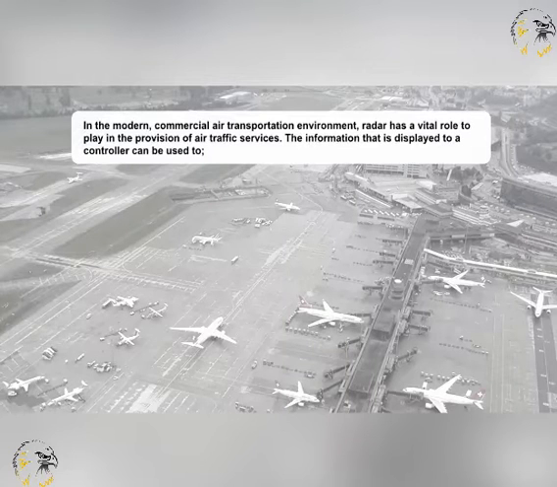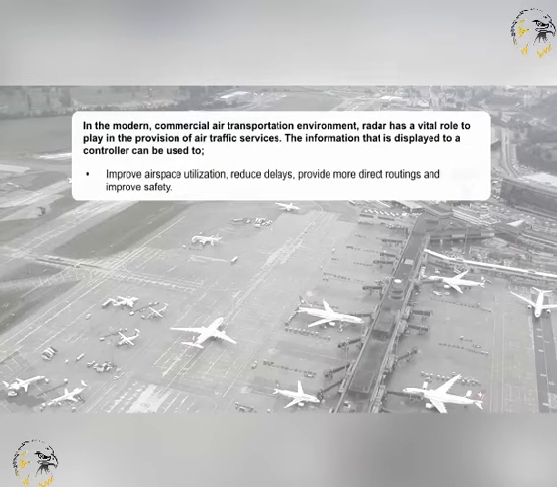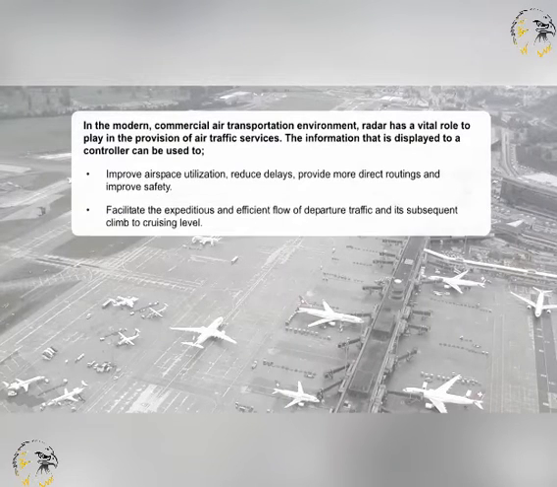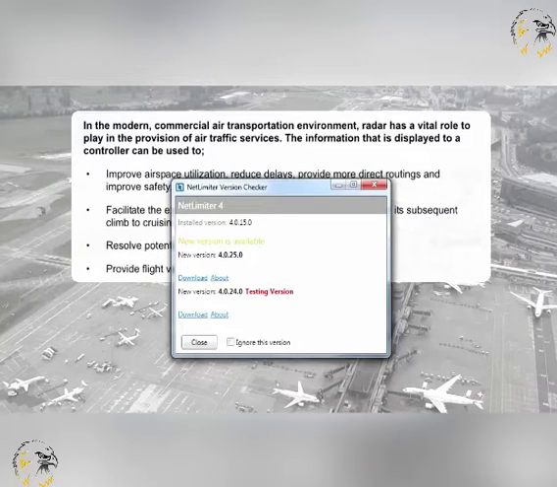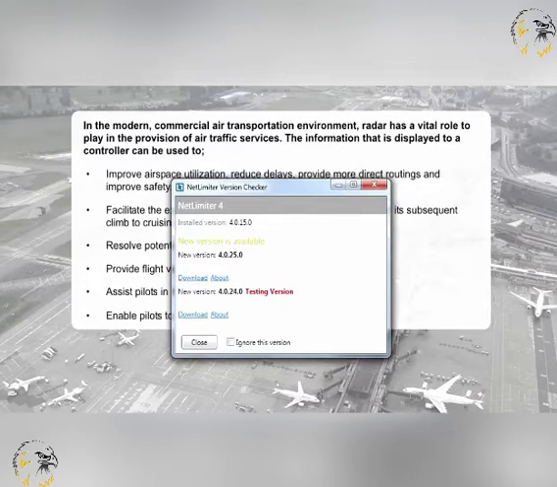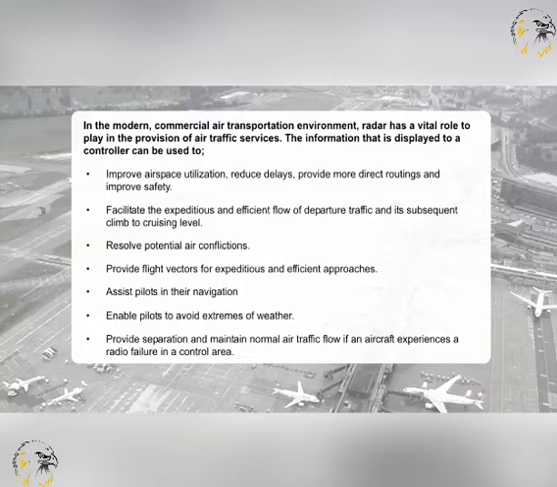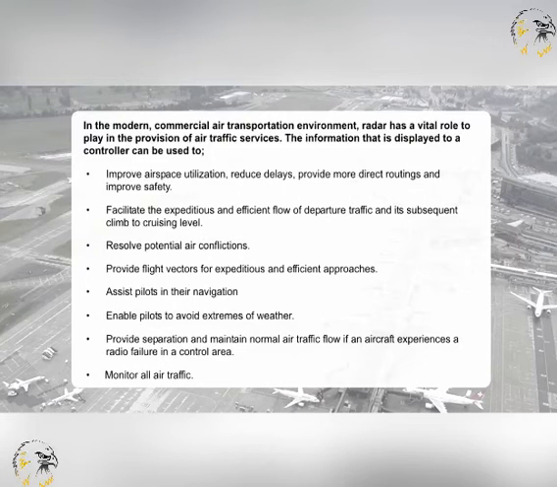The information that is displayed to a controller can be used to improve airspace utilization, reduce delays, provide more direct routings, and improve safety, facilitate the expeditious and efficient flow of departure traffic and its subsequent climb to cruising level, resolve potential air conflictions, provide flight vectors for expeditious and efficient approaches, assist pilots in their navigation, enable pilots to avoid extremes of weather, provide separation and maintain normal air traffic flow if an aircraft experiences a radio failure in a control area, monitor all air traffic.